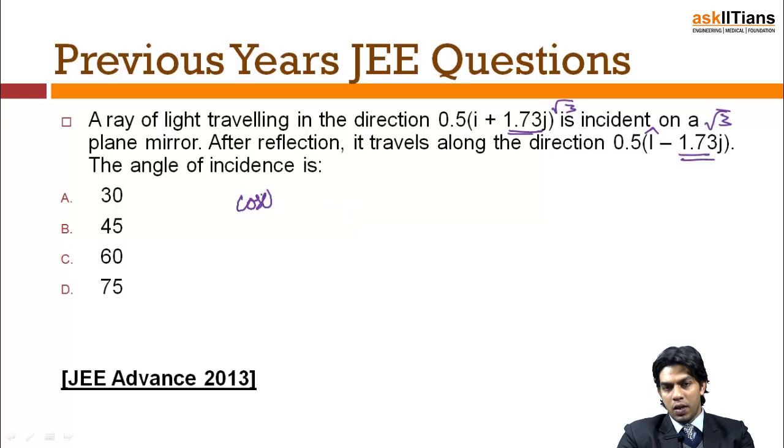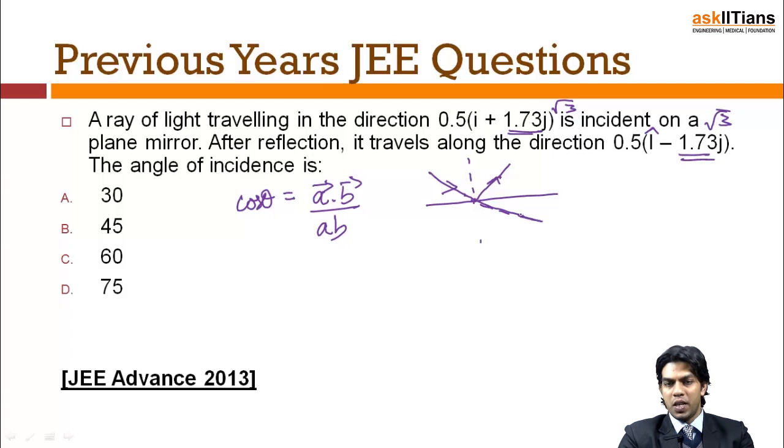So cos theta, I will explain what theta is with the help of a diagram. It's A dot B divided by AB. Let's say this is my surface, this is the incident ray, and this is the direction in which the light reflects.